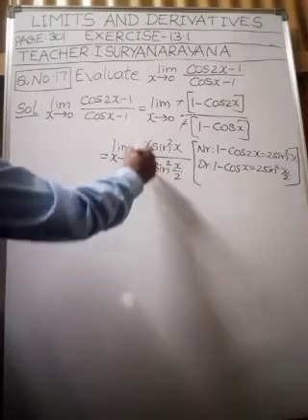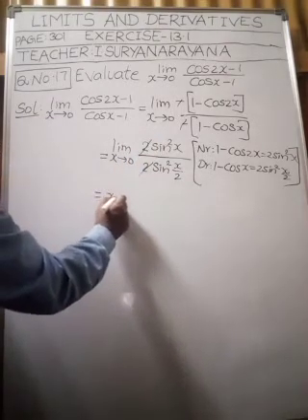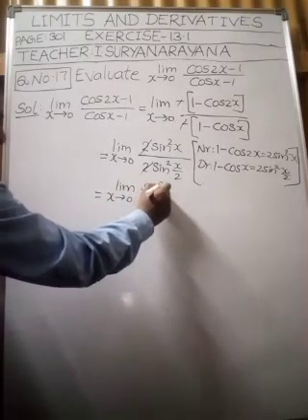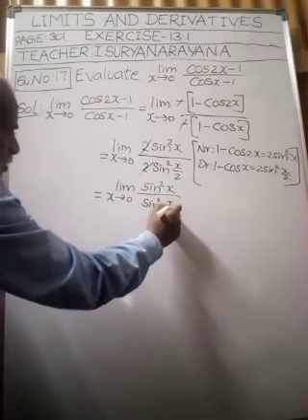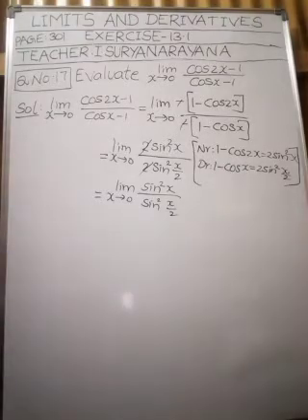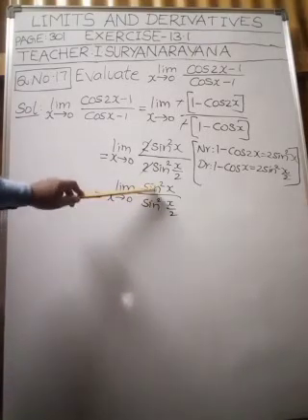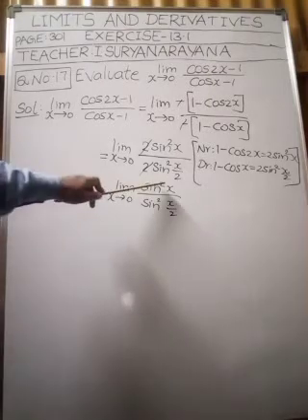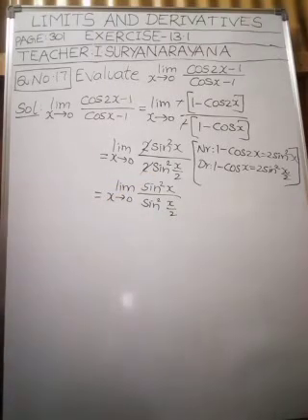Right. Now strike out 2. Okay, my children, what do you get here? As x tends to 0, limit of sine square x by sine square x by 2. Okay, my children? Understood? Right. Now, let us divide the numerator and denominator by x square. Because square is there, sine square, here also sine square. So, let us divide the numerator and denominator by x square.